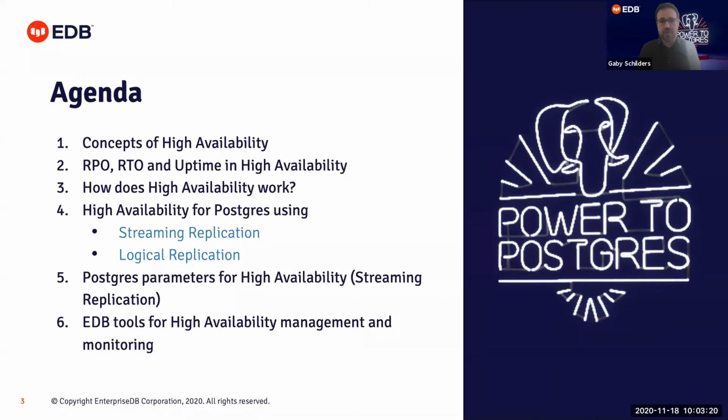I'm going to talk a bit more about the technical details of that and how to keep an eye on high availability using our tools. And I'm going to show you some scenarios for things like upgrading where you are expected to have some interruption of service and how you can mitigate that.